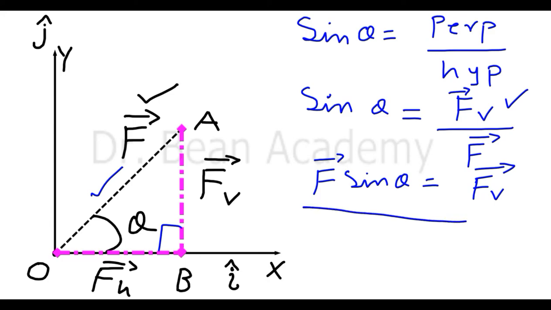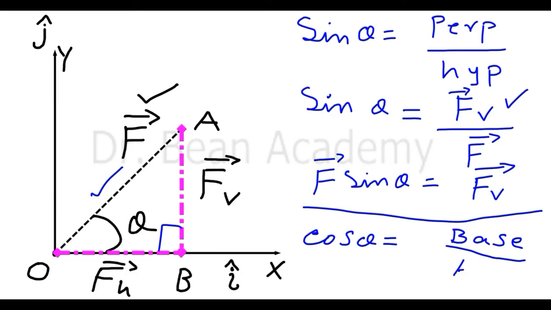Another ratio is cosine of theta. For a right angle triangle, the cosine of theta is equal to base divided by hypotenuse. Remember, base is the horizontal part of the right angle triangle in our case.